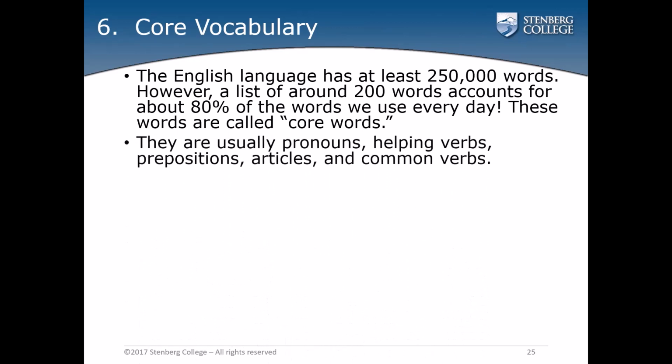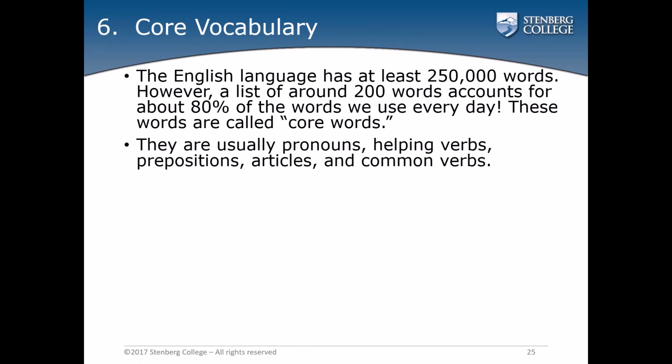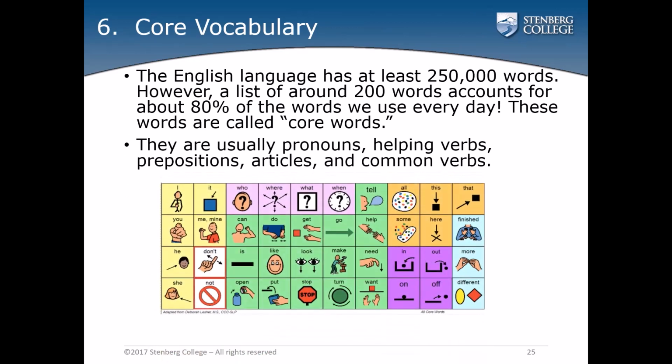These words are called core words. They are usually pronouns, helping verbs, prepositions, articles, and common verbs. Here's an example of a 40-word core vocabulary board. You can see how words like this, that, different, and what are core words, which are difficult to represent in symbol form.